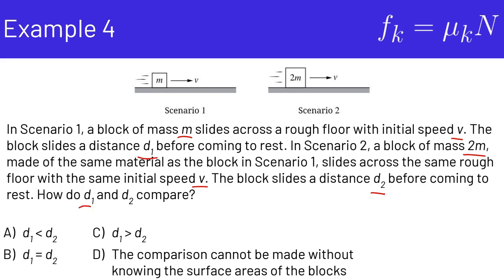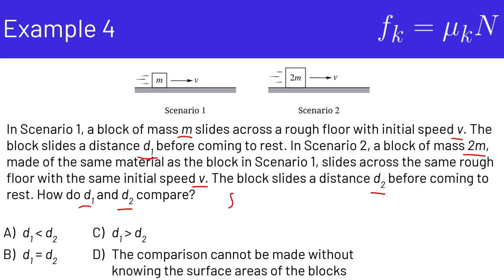How do d1 and d2 compare? So this is a classic AP question. They want to compare two different scenarios and see how whatever changes in the second scenario compares to the first scenario.